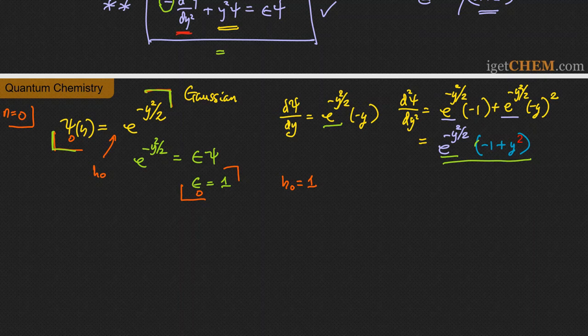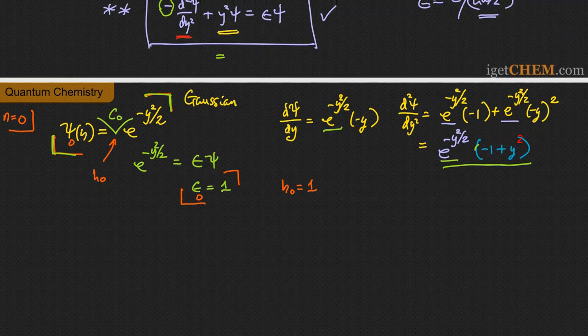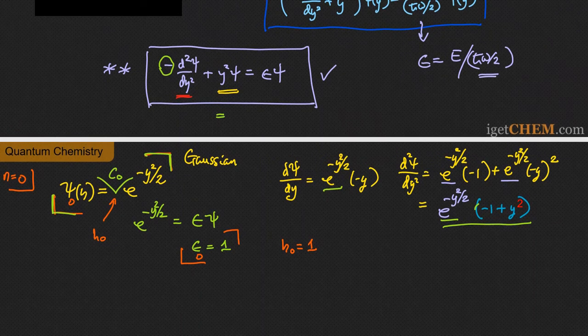So there is some kind of normalization constant right here, which I can call C0, which you need to multiply by the Gaussian in order to really get the proper solution. The eigenequation itself does not provide that C0 coefficient.